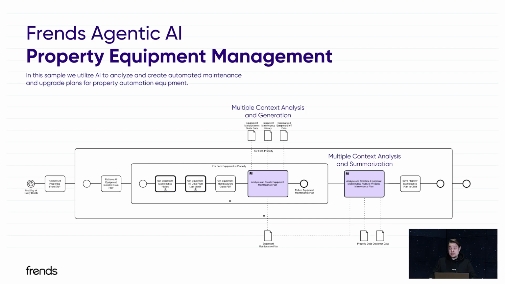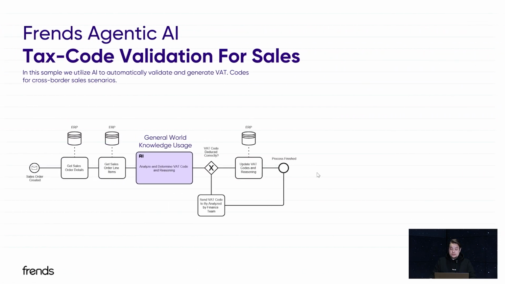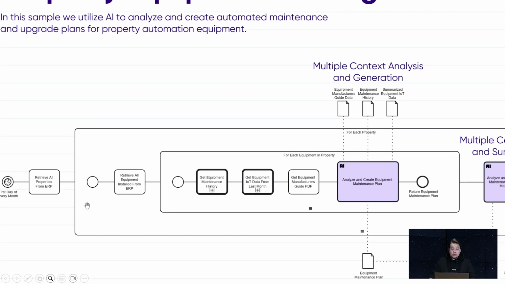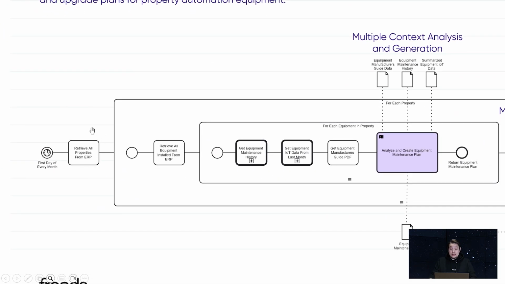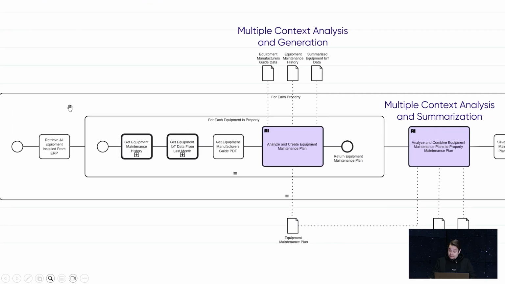What we could then do is first retrieve all of the properties from the ERP system, and for each property we find from the ERP, we want to get all the installed equipment for that particular property, and then for each equipment inside that property, we want to get the maintenance history of that equipment.